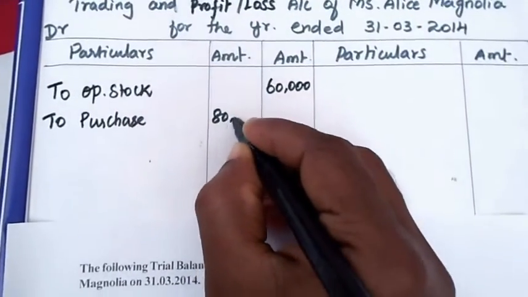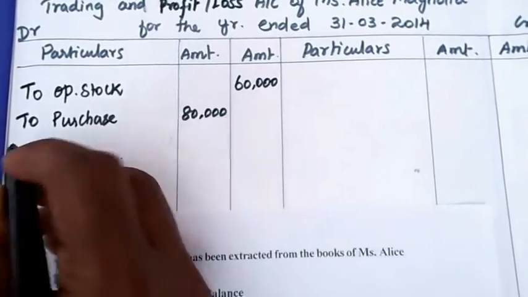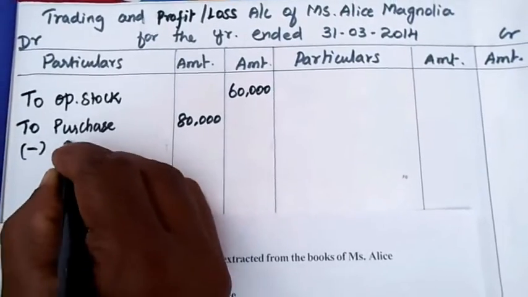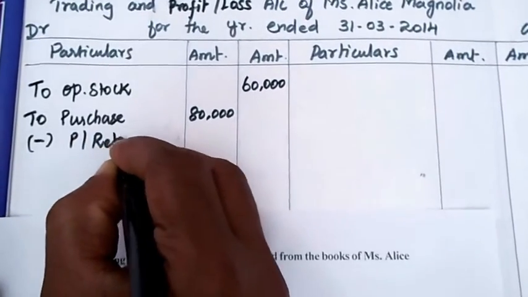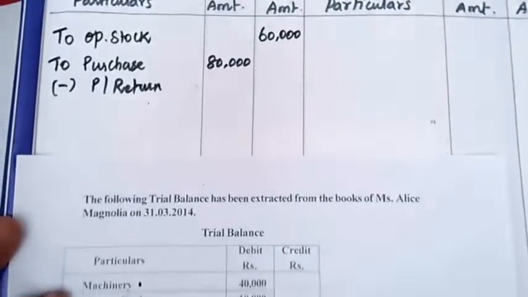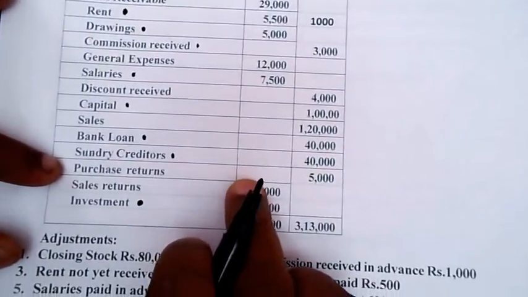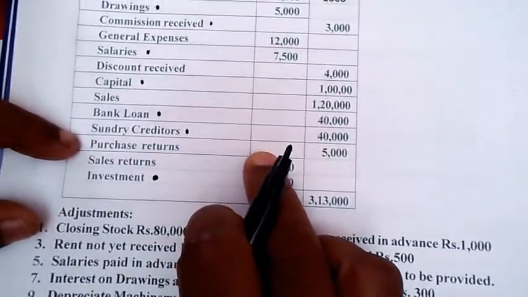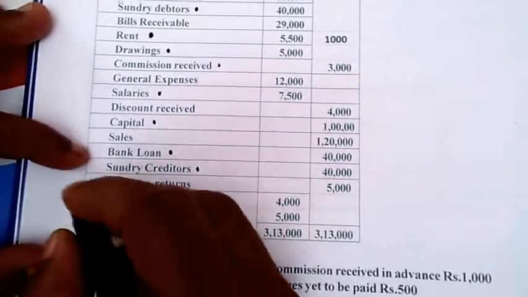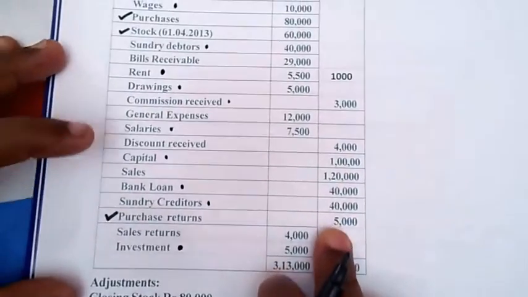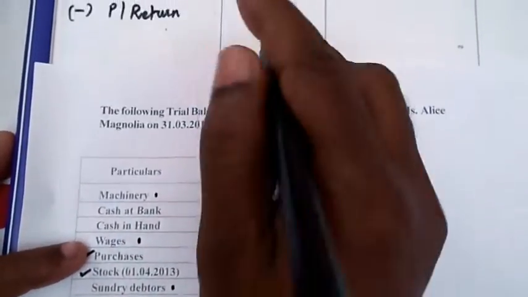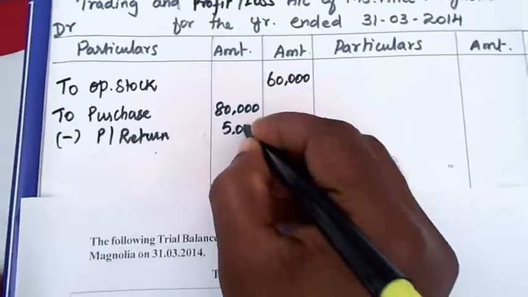80,000. Put it in the inner column. Why? Because if there are any returns, purchase returns will be subtracted. How much purchase return? 5,000 rupees. Purchase is always debit side. Purchase return is always credit balance. So subtract this amount from purchase under trading account. 5,000 rupees.